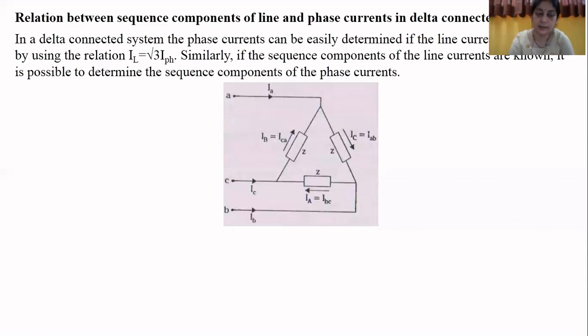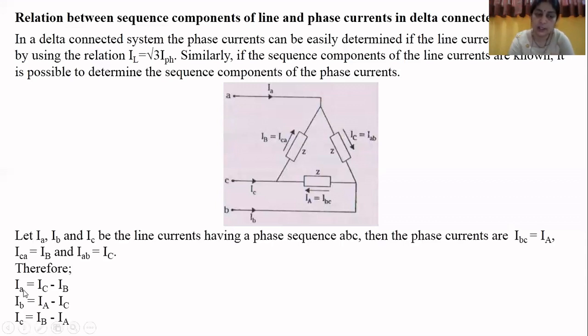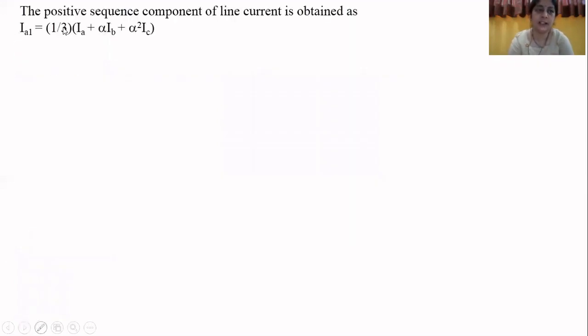Therefore, they can be represented as I small a to be equal to I capital C minus IB by applying the KCL at every node. IB is equal to IA minus IC and IC to be equal to IB minus IA. Now to obtain the sequence components of phase currents in terms of line currents, let us consider the line current IA1, which we know to be equal to 1 by 3 times of IA plus alpha IB plus alpha square IC.